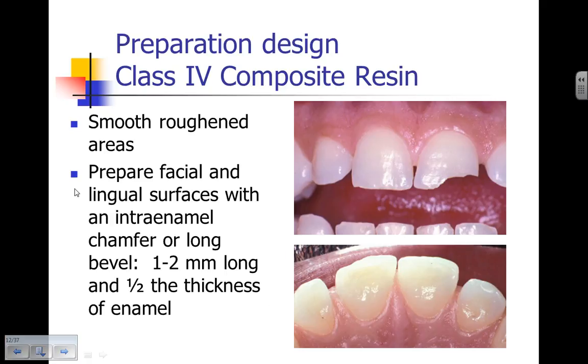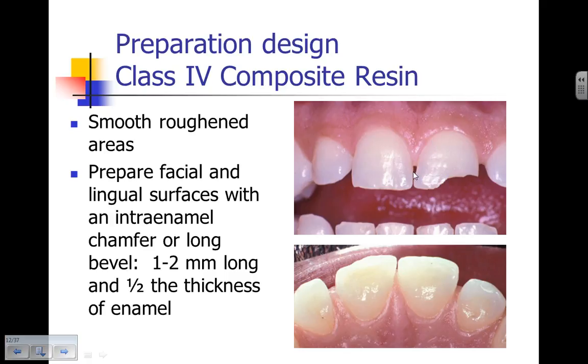Our preparation designed for Class 4s are intra-enamel chamfers or long bevels that are typically 1 to 2 millimeters long and half the thickness of the enamel. For tooth number 9, in the incisal third the enamel is at its thickest, as compared to the gingival third, where the enamel is at its thinnest, being 2 to 3/10 of a millimeter.